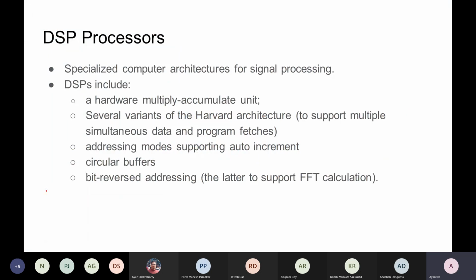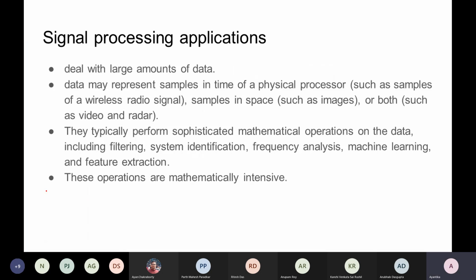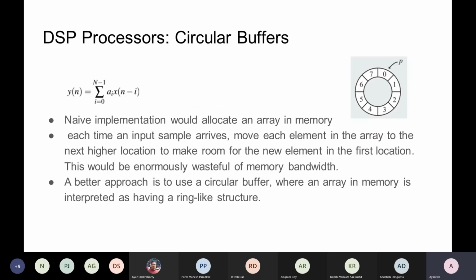The reason is that signal processing applications typically perform some sophisticated mathematical operations. Specifically, we will focus on FFT multiplication.